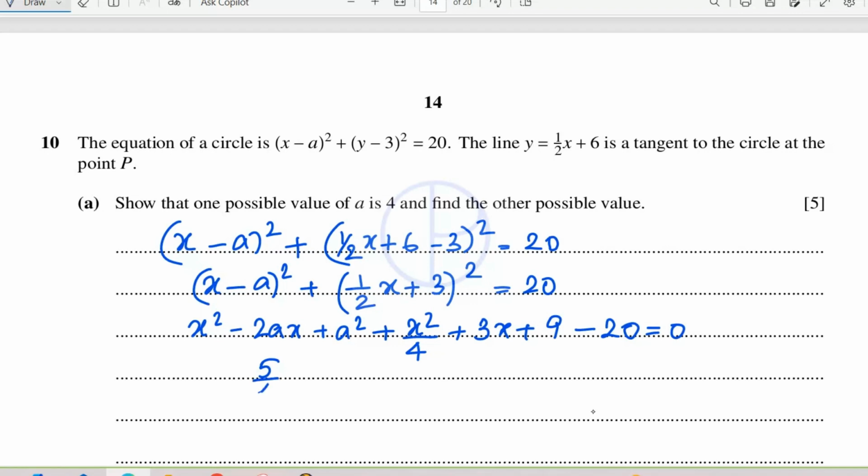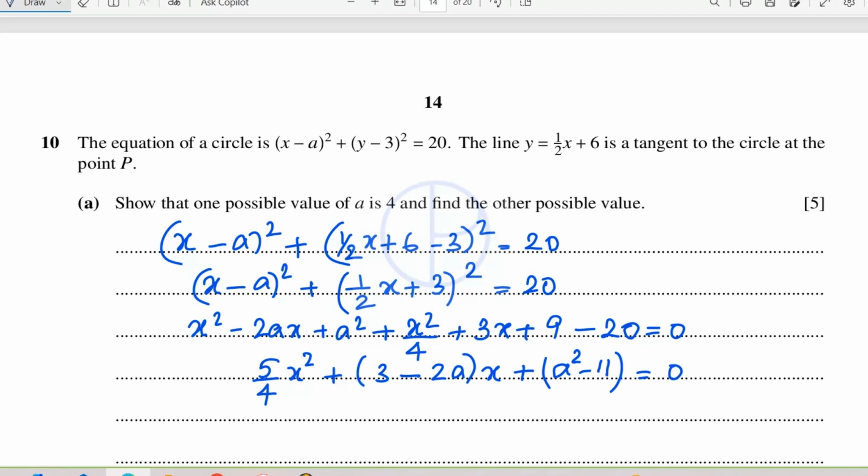So 5 over 4 x square plus 3 minus 2a multiplied by x is the x term. Then the constant term a square minus 11 equal to 0.